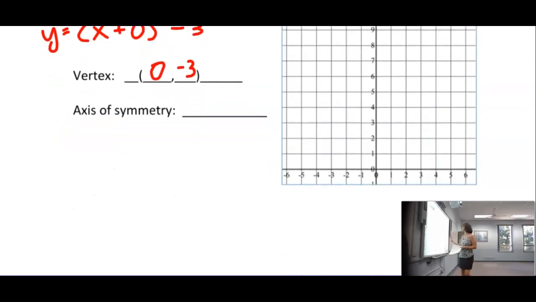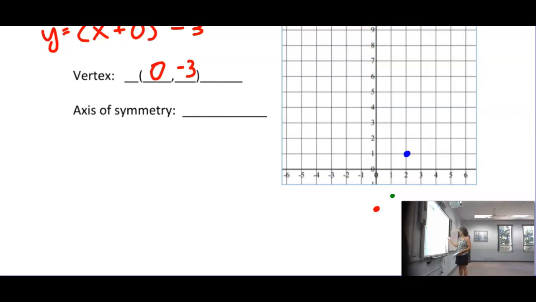Well, let's graph it. So I go over 0, down 3. This doesn't really work. 1, 2, 3. We'll estimate. Okay. Now, from there, we're going to go over 1, up 1. Then we're going to go over 1. How many did I go down? This is 1, this is 2, this is 3. So this is over 1, up 1, 2, 3. So right there.